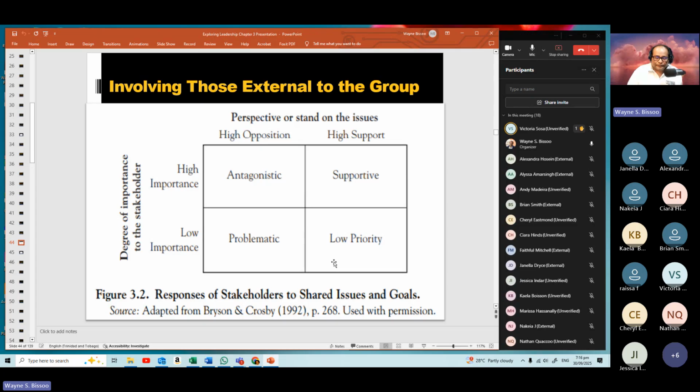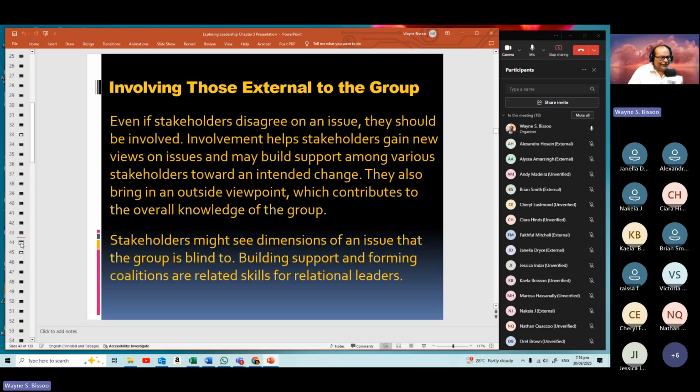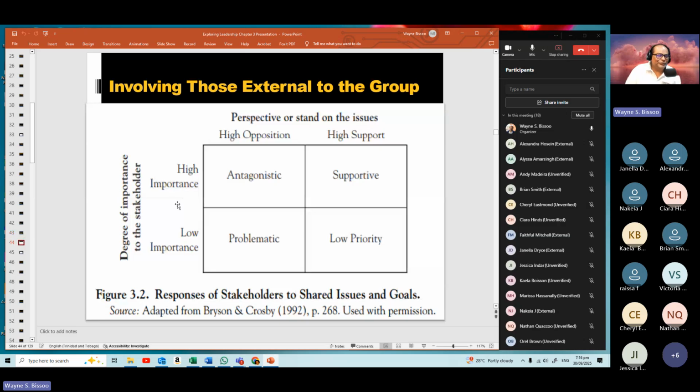Yes, Victoria, your hand is still up. I just wanted to point out that your slides are not coinciding with the one I have. My slide 43 is what you have up as 44. That's because I added new things. So you're using the ones that you got off the class. The one that's in the classroom, yes. I made changes because I go through it every semester and make changes.